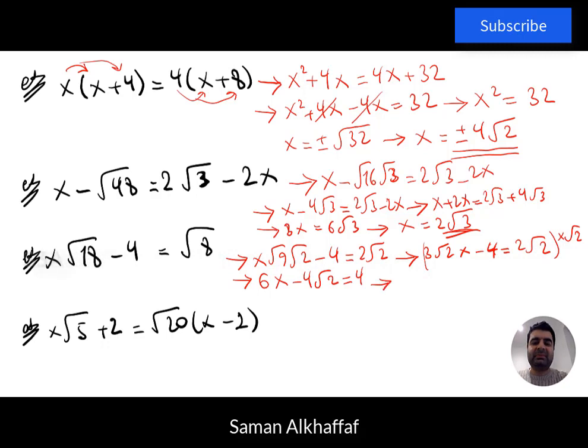And then we simplify it even further, so we move the minus 4 root 2 to the other side, so that will give us 6x equal 4 plus 4 root 2.